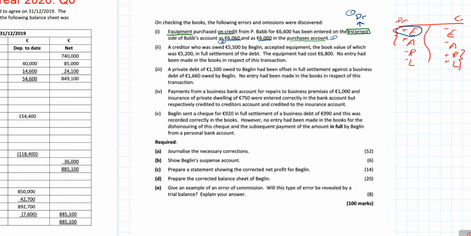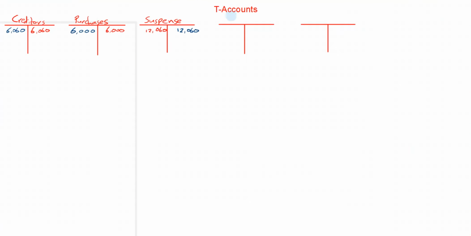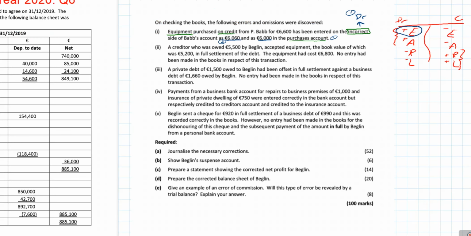Now I go back to the question. We bought equipment, so we will need to use an equipment account. So what should have actually happened, again, continuing to use red, the amount is 6,600.